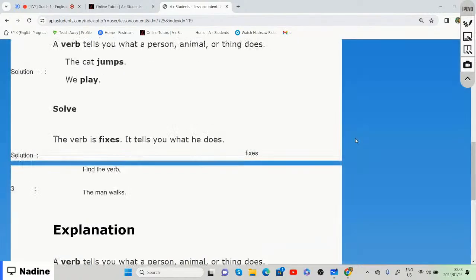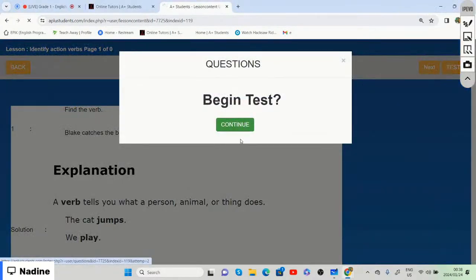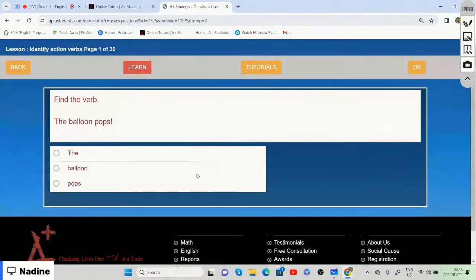All right. So now we're going to our test where we're going to identify action verbs. So we're going to find the verb, right? The balloon pops. We need to identify the action verb within that sentence.